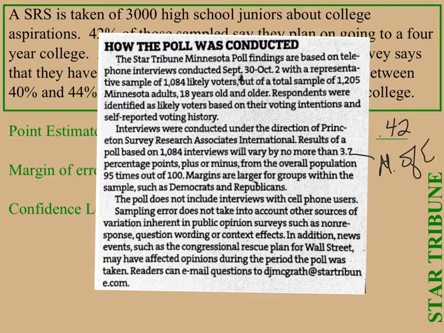Then it says plus or minus from the overall population 95 times out of 100. So there's your confidence level. Whenever you read a poll, this is usually the fine print at the bottom, so you can see their methodology for how they constructed it.